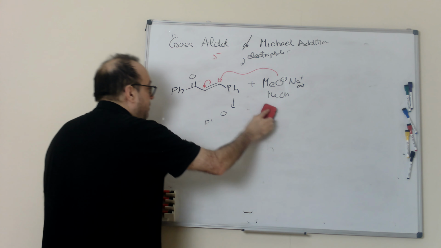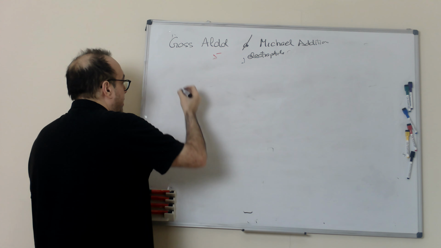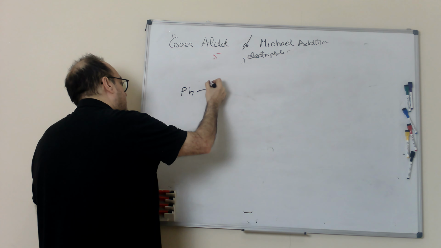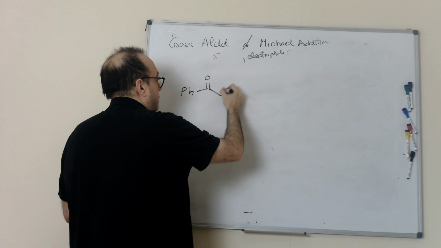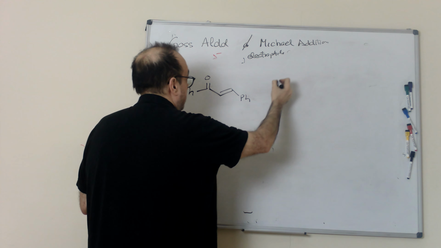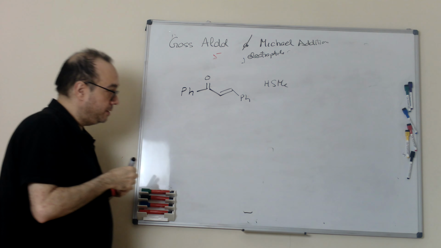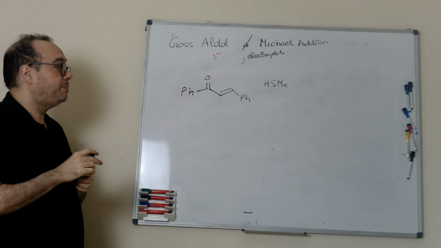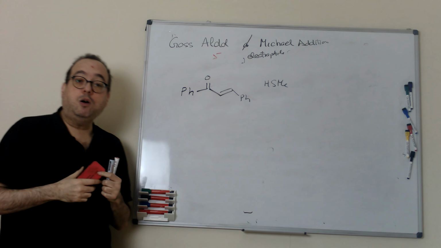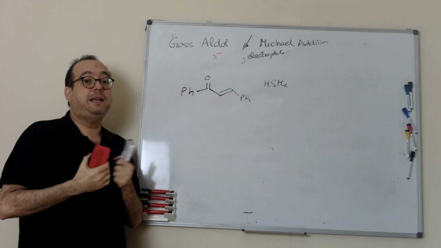Third example will be with sulfur. Okay, I do the same reaction. We have this, and I add a thiol. What will happen? Well, we know from the first lesson that thiols are very, very nucleophilic.